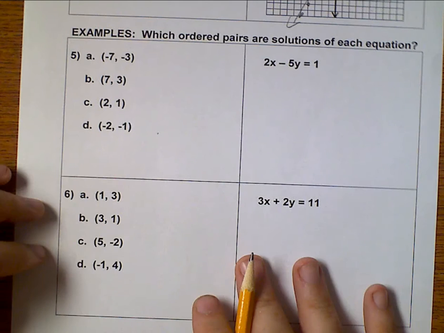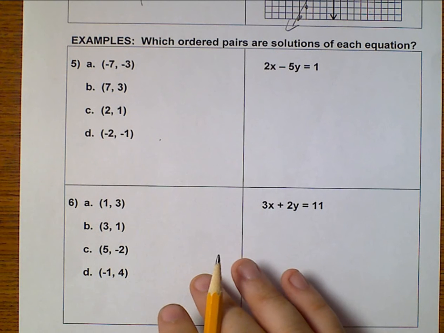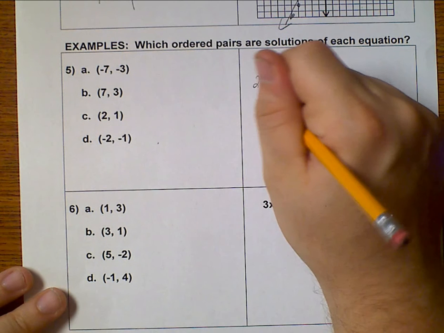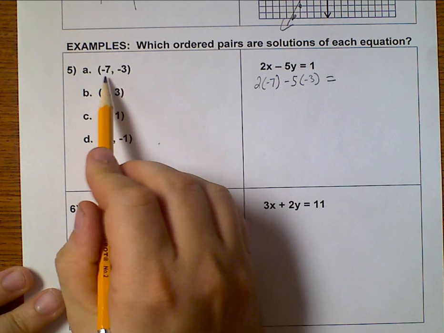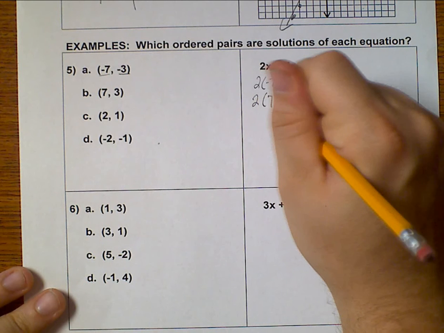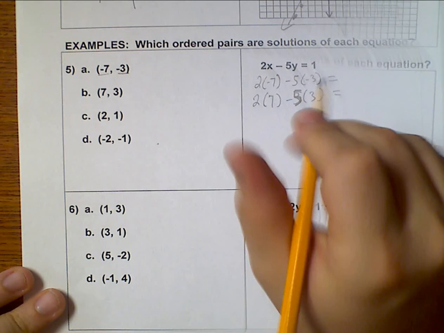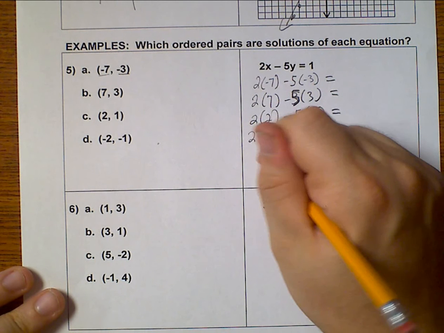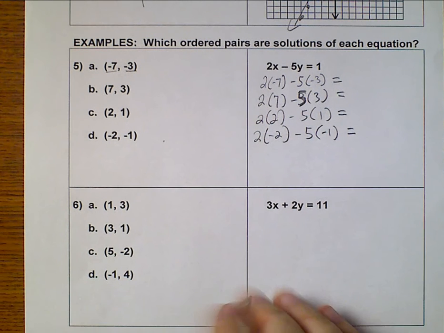Now for examples 5 and 6, this is even easier. All we're going to do is see, do these points work? So I'm going to replace the x and the y with what I see over here. I'm going to do that for every option. And then I can just use the calculator to solve this.